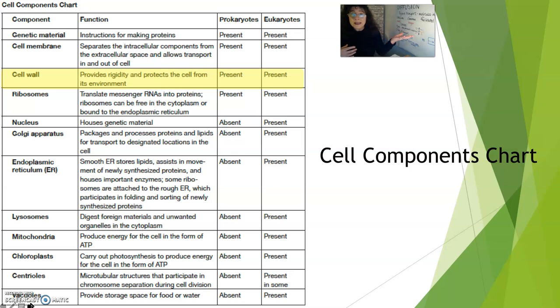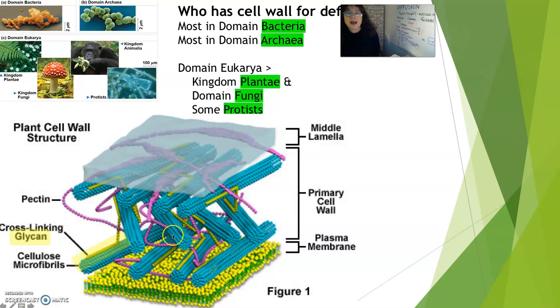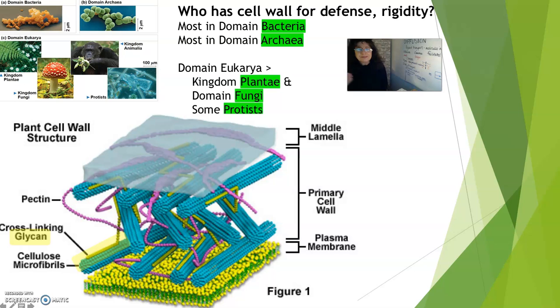But way back in the day, bacteria really used cell walls specifically with quite a bit of sophistication to try to protect the cytoplasm and their DNA. So who has a cell wall now for defense and for rigidity?